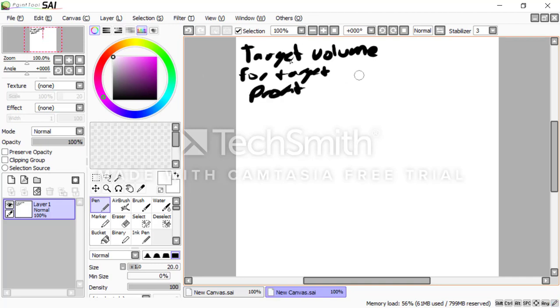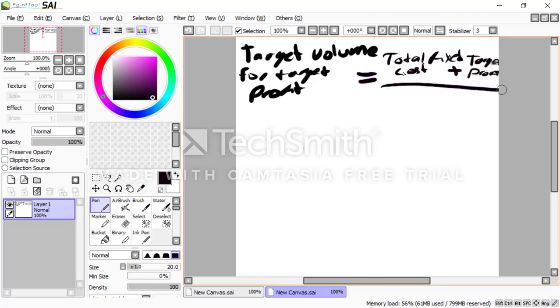And that is going to be equivalent to total fixed cost plus target profit, all over unit contribution.